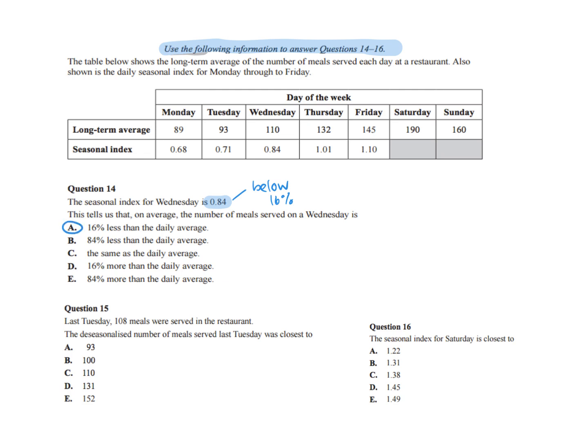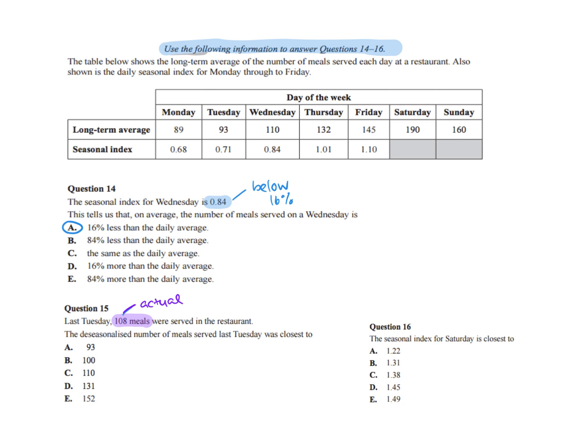That's that one. Okay, question 15 says last Tuesday 108 meals were served. As soon as I read that, because they're telling me what actually happened on Tuesday, I go, right, that must be an actual for a Tuesday, because it may help me work out what they asked me.